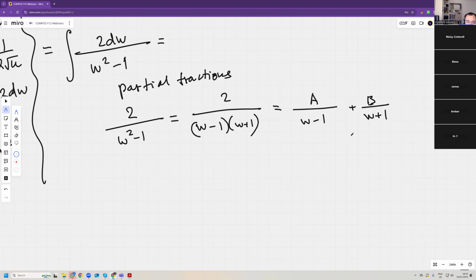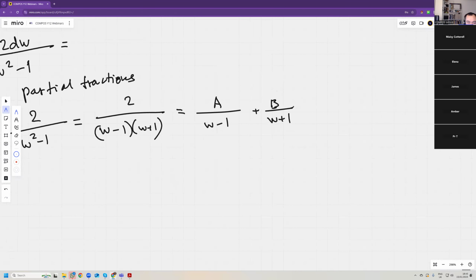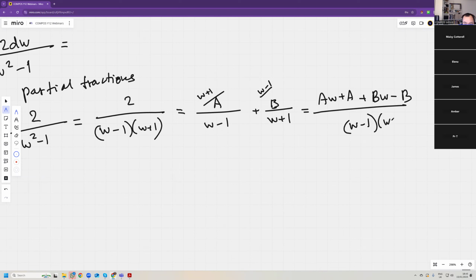To find a and b, I find the common denominator. So w plus 1, w minus 1. So aw plus a plus bw minus b over w minus 1, w plus 1. And from here, I know that a plus b must be 0 because there's no w here. Like this is 0w plus 2.